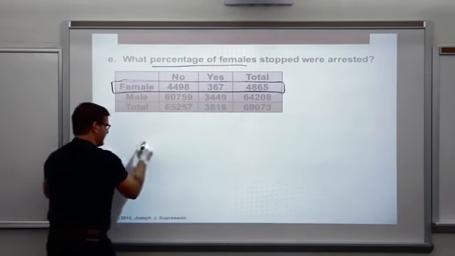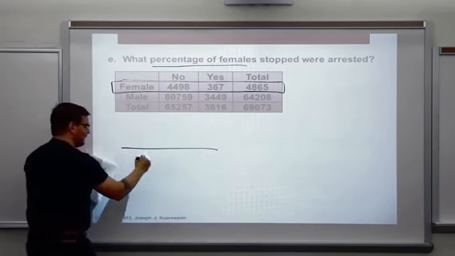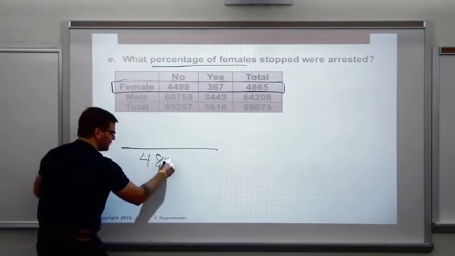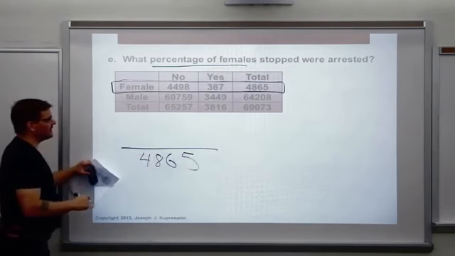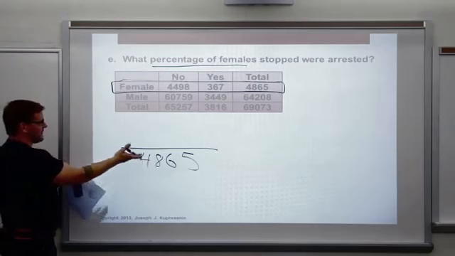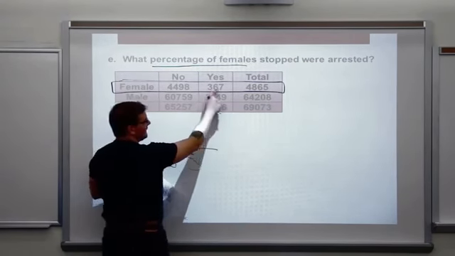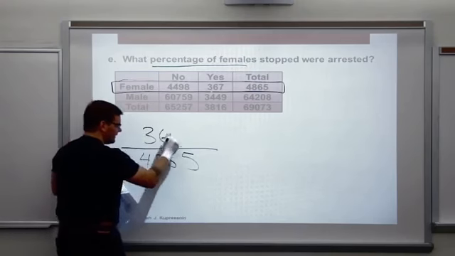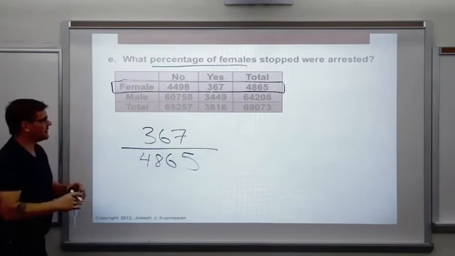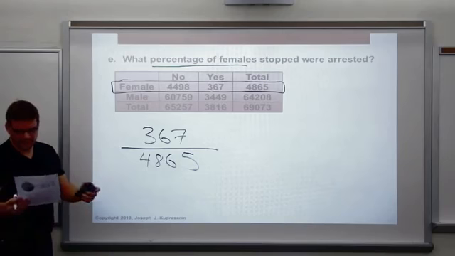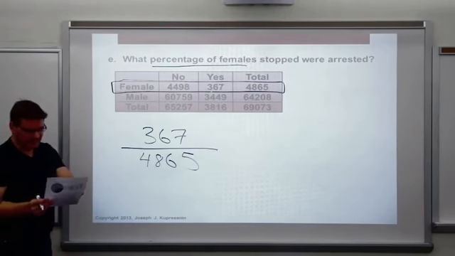Percentage of females, what am I taking a percentage of? It's the 4,865 females. What percentage of these ladies were actually arrested? 367 out of the 4,865 were actually arrested once they were pulled over or stopped on the streets.